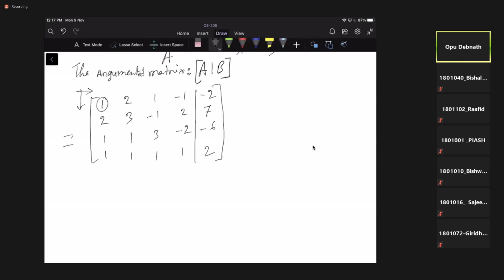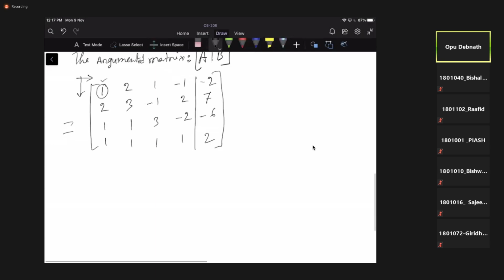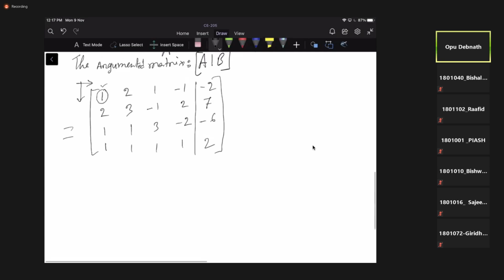Here you can see the first one is already 1. That means the first point is done. Suppose the pivot element is 10, so what can you do? First you need to make it 1, or it can be done in a different way. In this case our policy is to first take column 1 and make the other elements of column 1 zero. The first entry will be 1 and the remaining will be 0, and then we turn to the second column, and then the third column and fourth column.